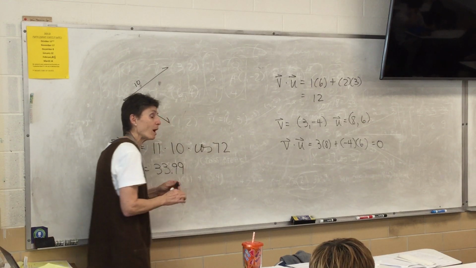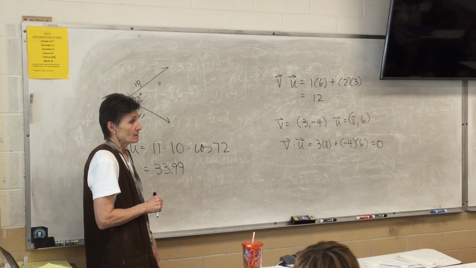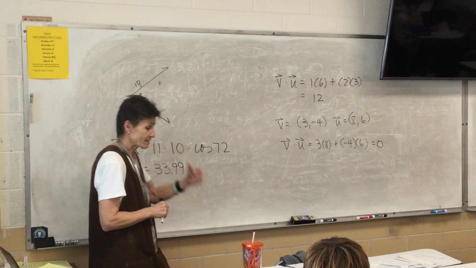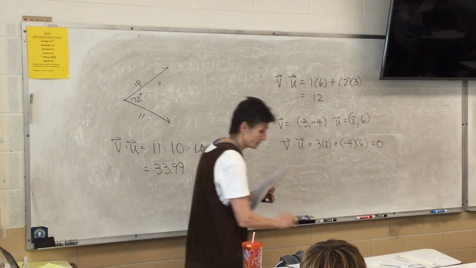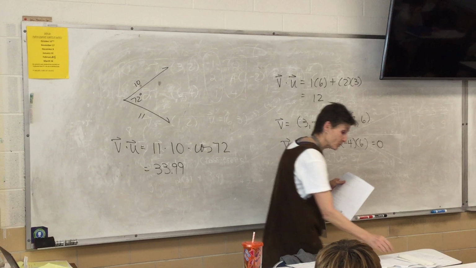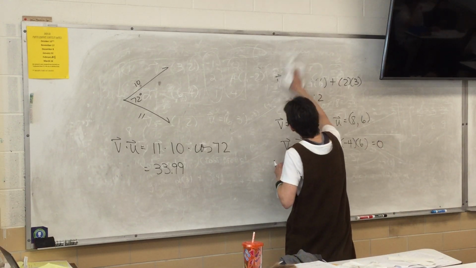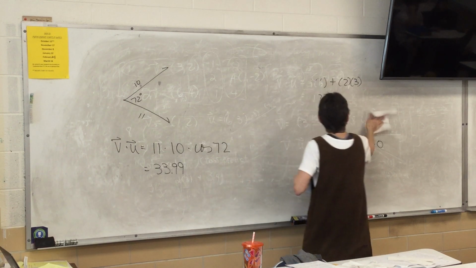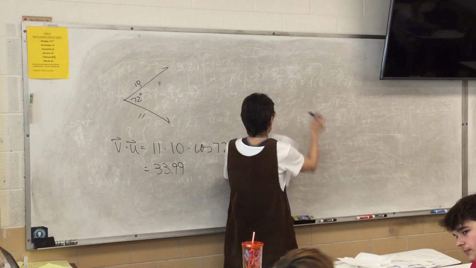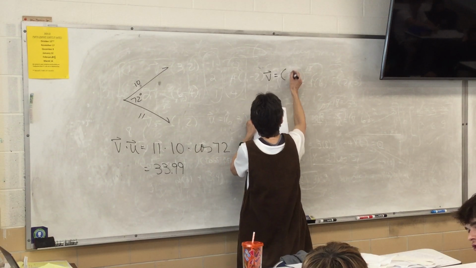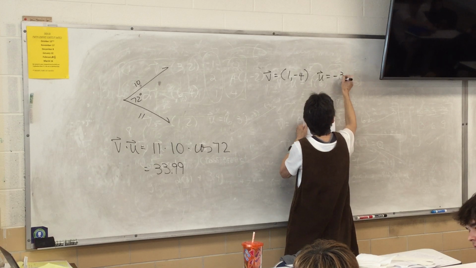Remember, the dot product is always just going to be a number. So in this case, that's the number. Now, one of the really cool parts about this whole dot product thing is, we now can find the angle between any 2 vectors that we are given.